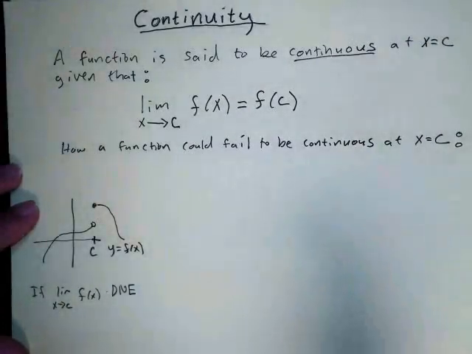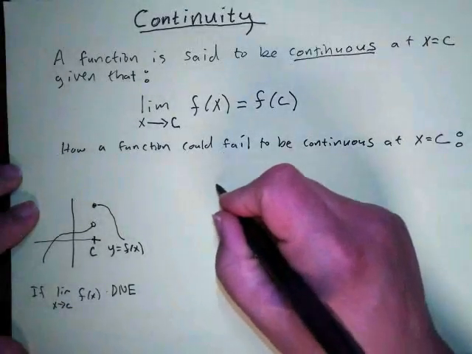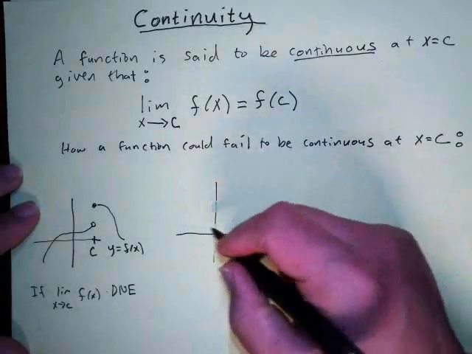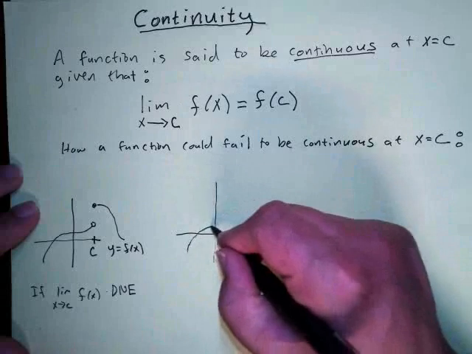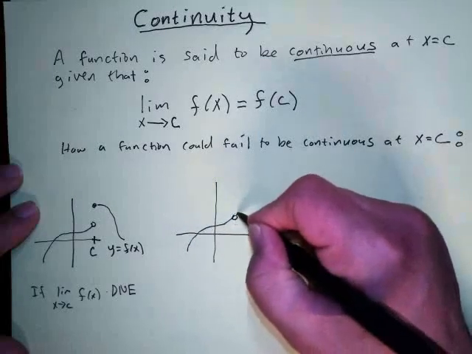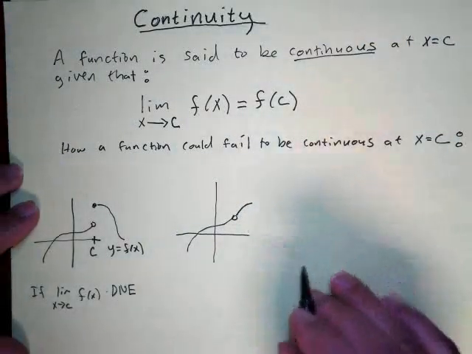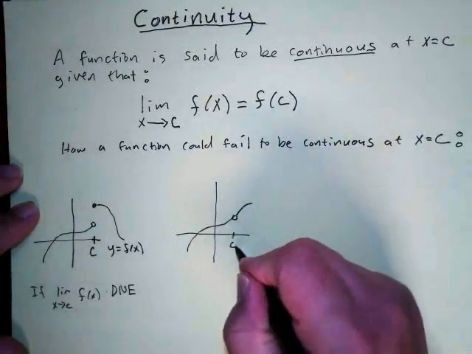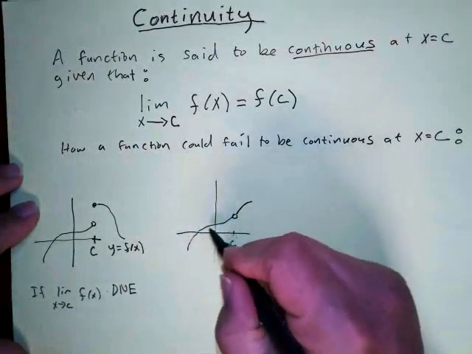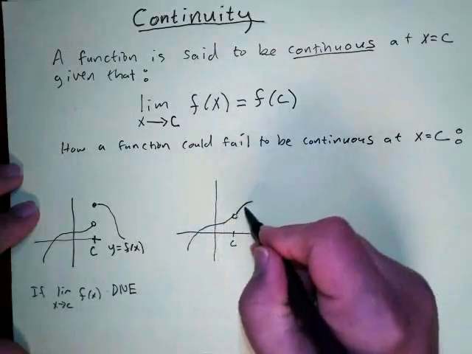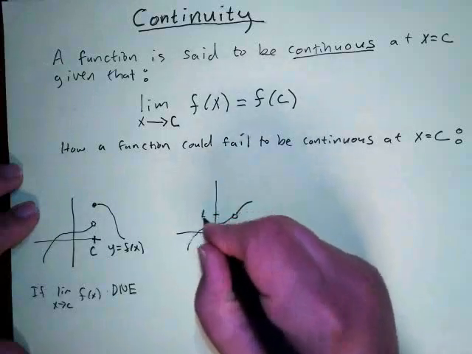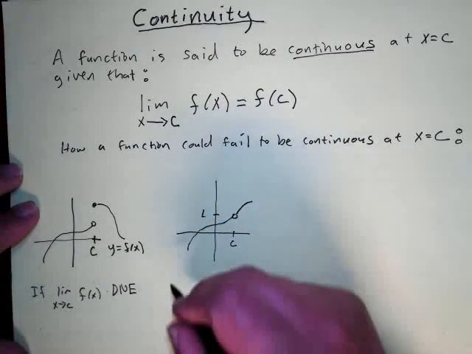Okay? But there are situations where the function does have a limit here. So let's say I have this function that goes like this. And here at c, in this case, as you approach c from the left and as you approach it from the right, it does equal a certain value here, right?